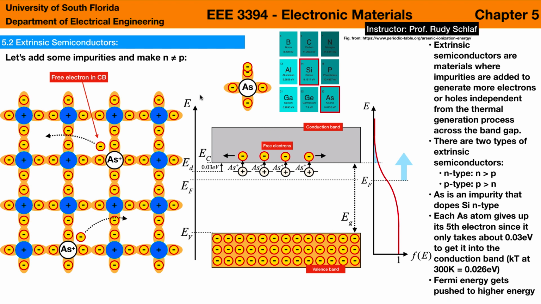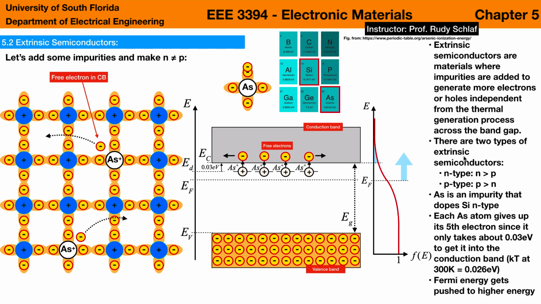Now, there's a way to change the number of carriers in the conduction band or also the valence band by introducing impurities into the material. With this, we can control n or p and create a situation where n is not equal to p anymore, like in the intrinsic material.